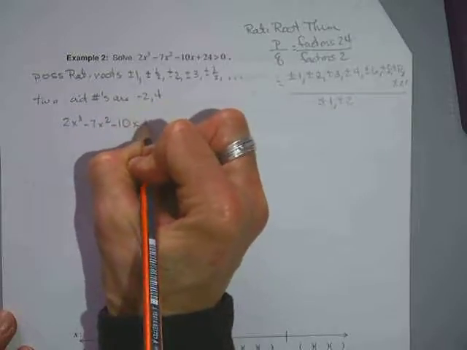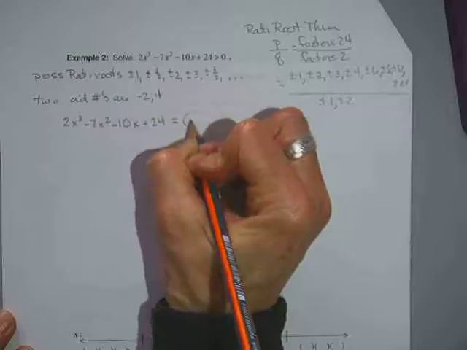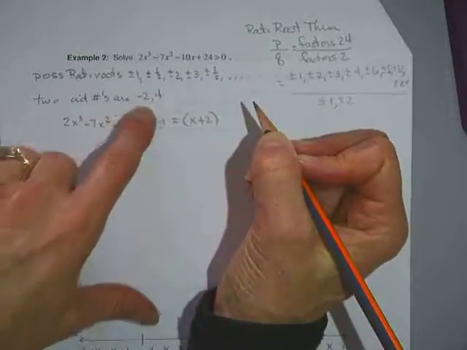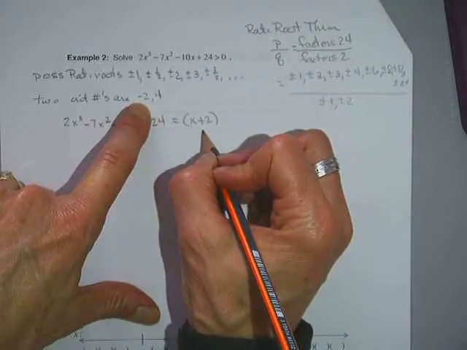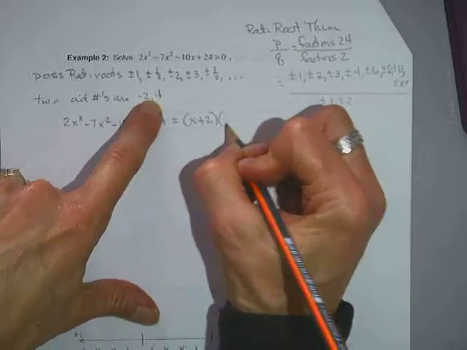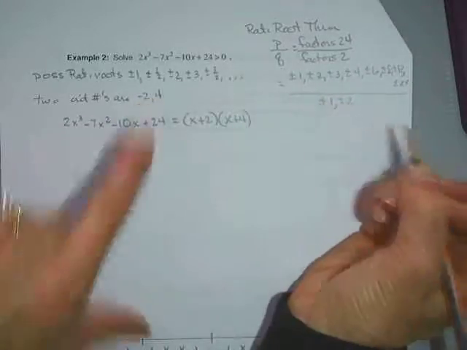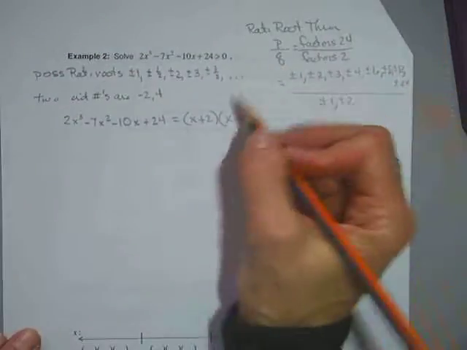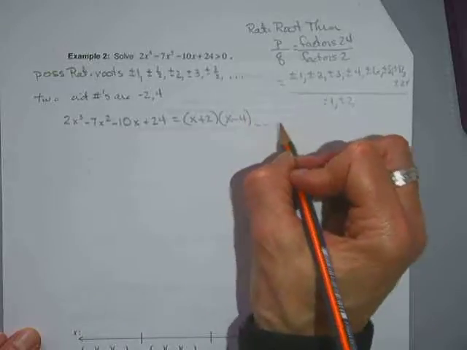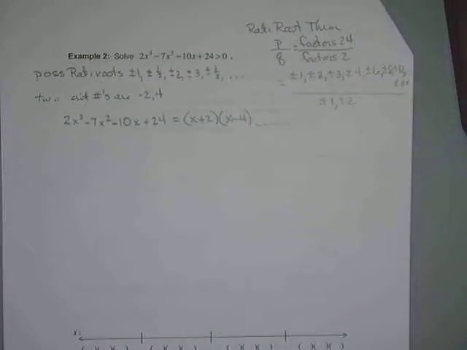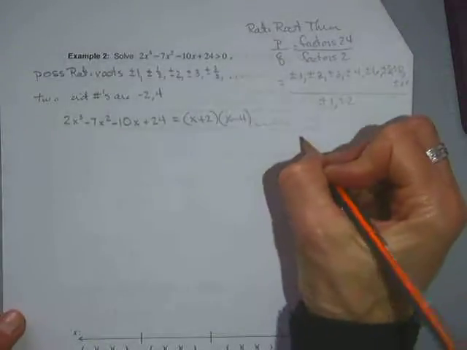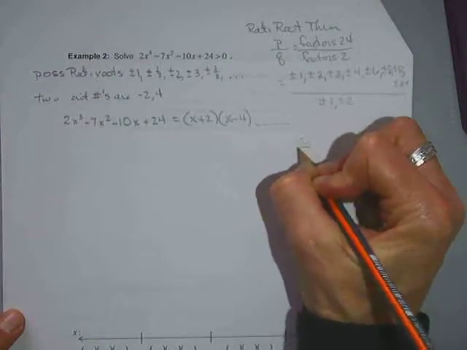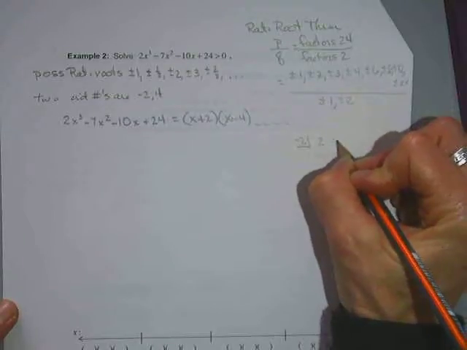So what we're going to do, I've got a lot of space, so we're fine. Right now, I've got 2x cubed minus 7x squared minus 10x plus 24. It equals x plus 2, because if it crosses at -2, then it's x plus 2. And x plus 4. Wouldn't that be minus? Oh, it is minus, thanks. I've got 2 of them. How can I find out the leftover part?